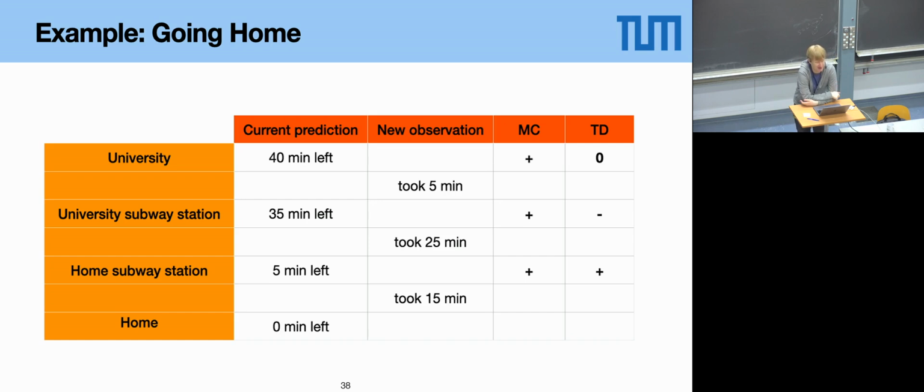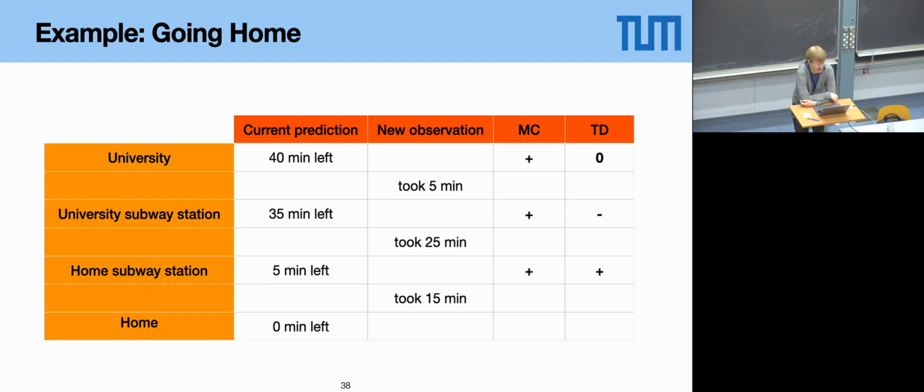In contrast, temporal difference learning can work with transitions, and it basically checks for consistency. The predicted difference was 5 minutes, and this is also the observation, so this is consistent. So temporal difference learning does nothing here.